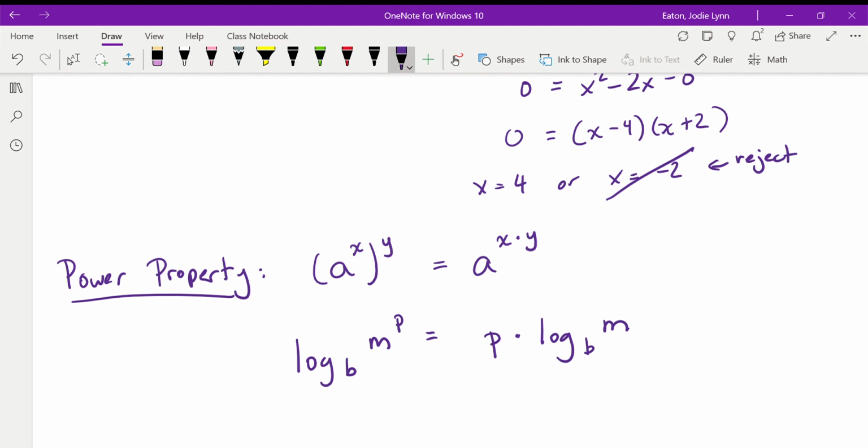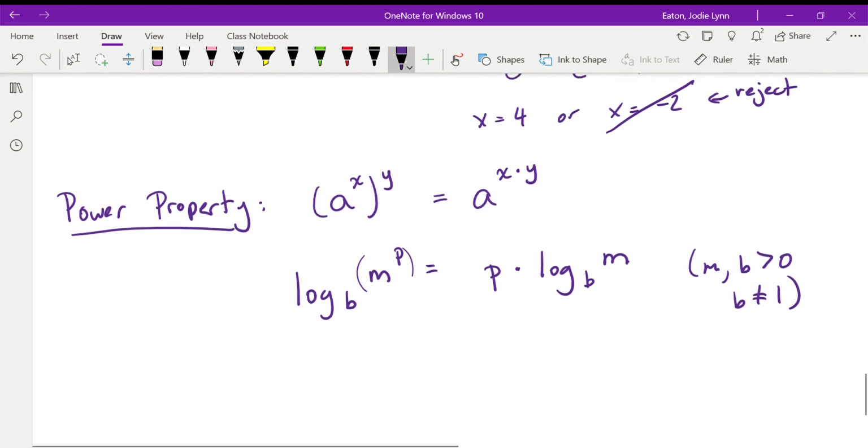So if you have something that's raised to a power, you can pull the power down and multiply. We do need to make sure, just as with many other things in logs, that m and b are both greater than 0 and b not equal to 1. And this goes generally for all of our logarithm rules.